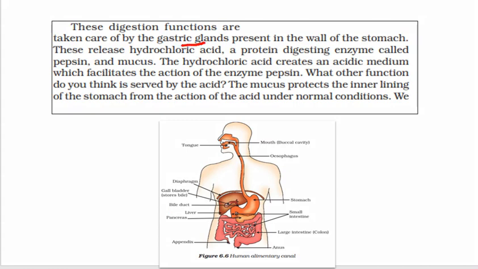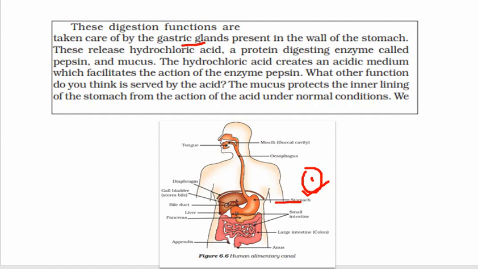We already discussed the gastric gland that is present in the stomach. The gastric glands are present in the wall of the stomach. So here is one marker question: the dash gland is present in the wall of the stomach. So the answer is the gastric gland.